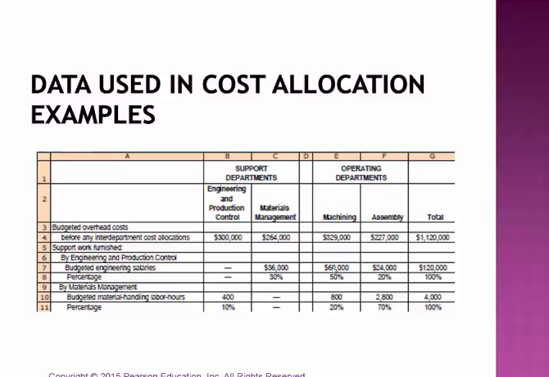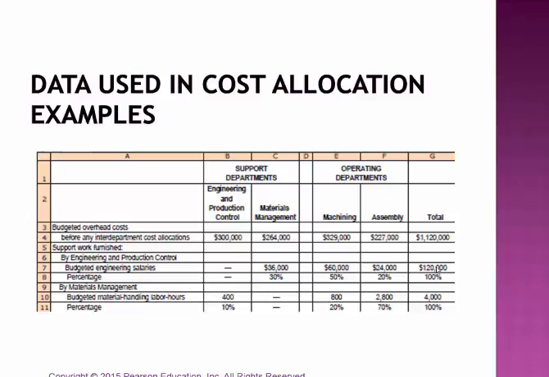The machining department has an engineer in it, and his salary is $60,000. And then the assembly department has an engineer there with a salary of $24,000, for a total of $120,000 in engineering salaries.